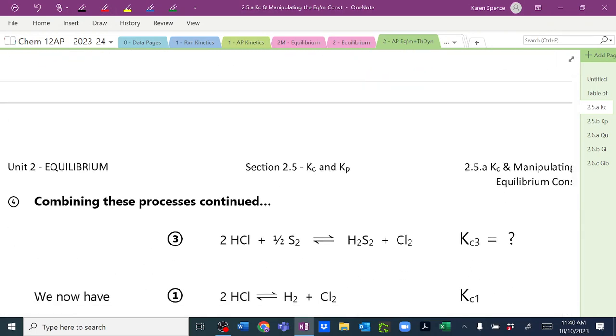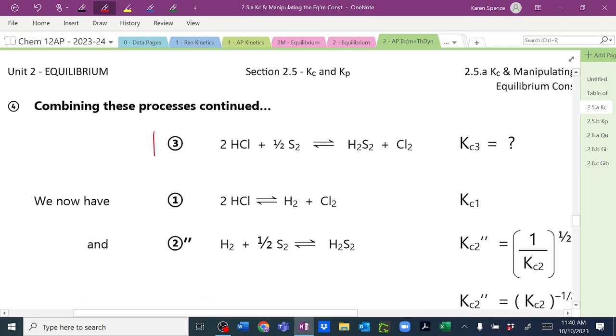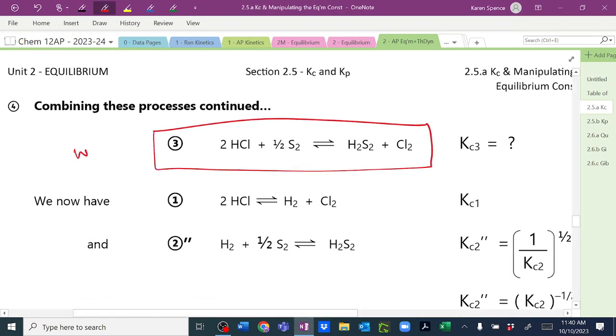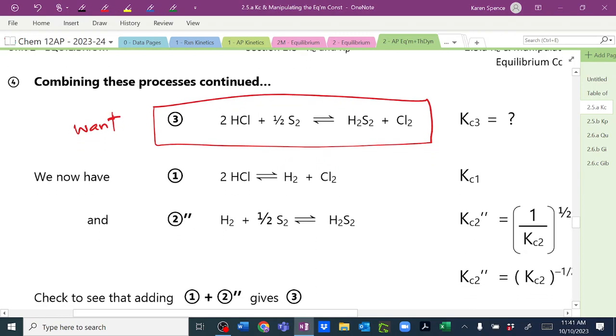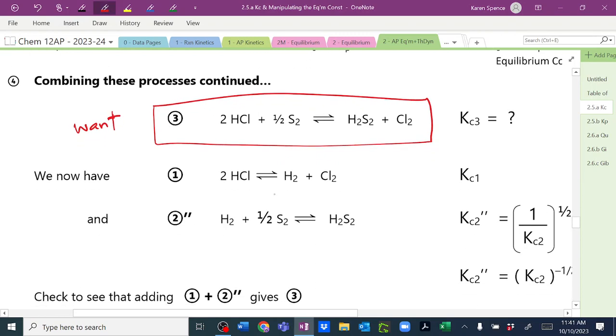Let's look at combining these reactions. This is what we want. We now have reaction 1, which we left as it is, and we have reaction 2, which has been flipped and multiplied by 1/2. I've just rewritten it here because we're at the top of a new page.